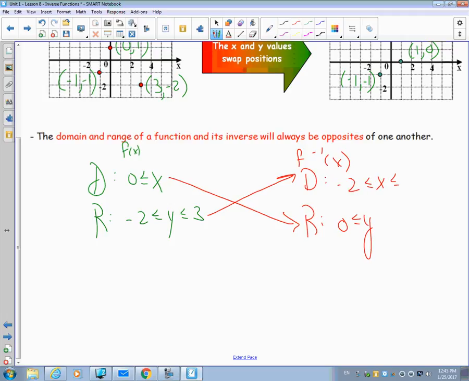Okay, so again, I haven't changed any signs. I've just swapped the x's and the y's.